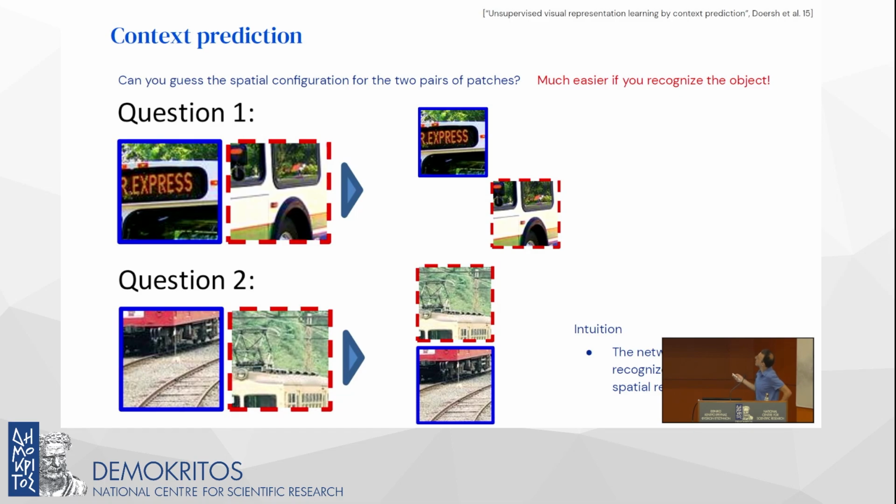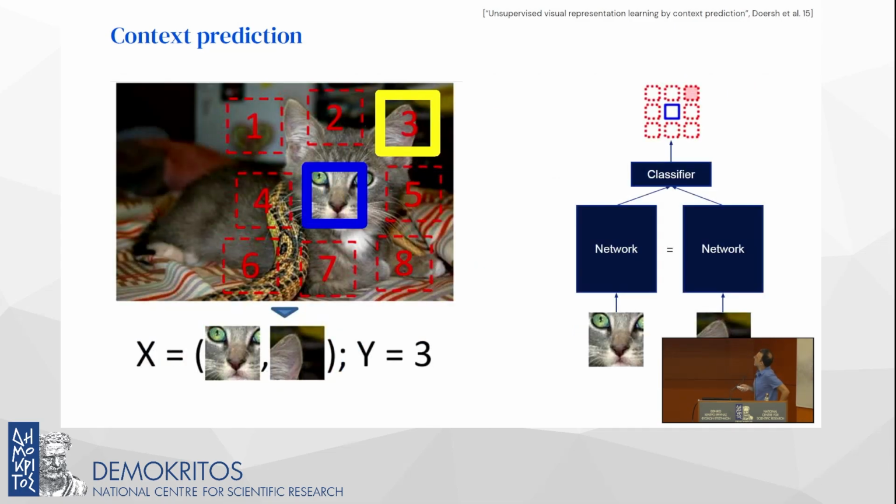So in this case, you need to recognize, okay, this is the top of the bus, this is the bottom of the bus, so probably this is the correct relative position. Okay, so in this case, how pre-training works: you randomly sample a patch from your image, then you randomly sample one of the 8 neighboring patches.